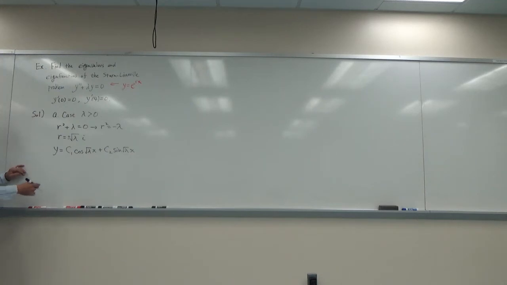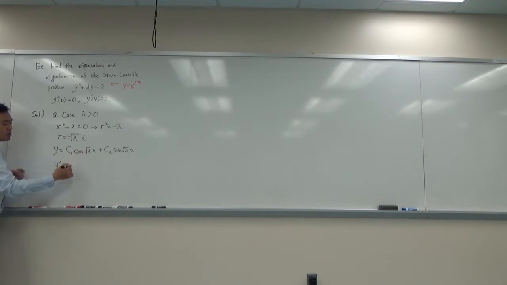All right, now let's apply the boundary conditions to see what it means. Because they have derivatives, we will need to differentiate this before we apply the boundary conditions. So let's differentiate.